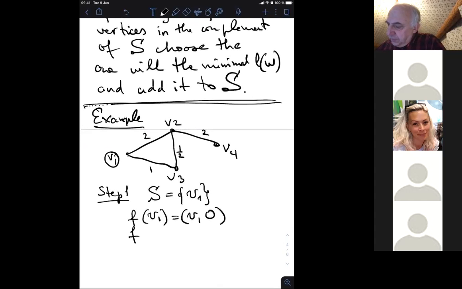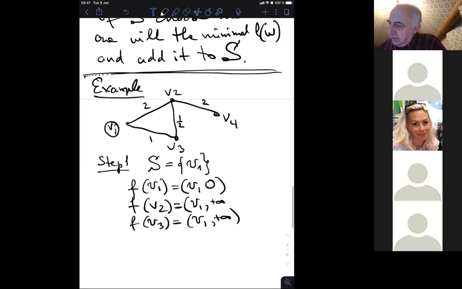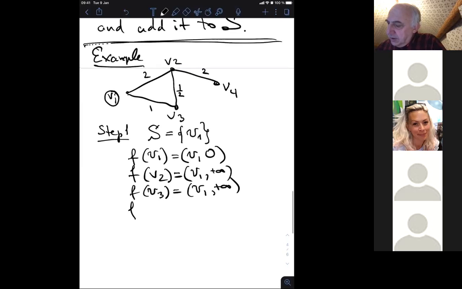F of V2 is, I'm putting V1 here and plus infinity. F of V3 is V1 plus infinity. So that means that I haven't found any paths connecting V1 to my other vertices so far.